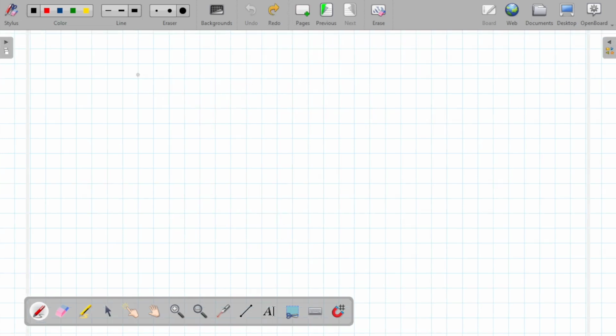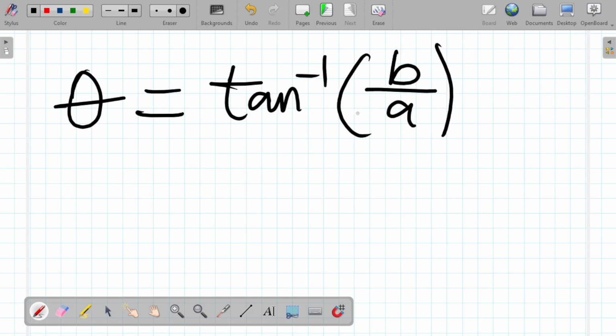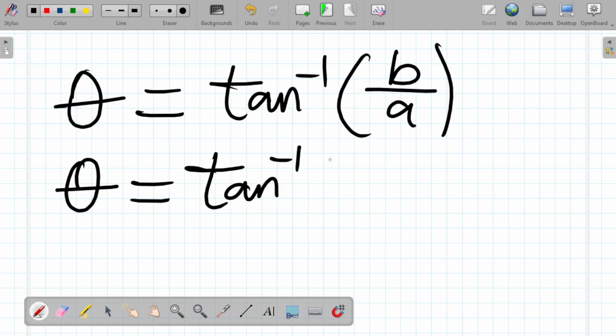All right, so our next task is to find theta. Theta, which is the angle, is equal to tan inverse of b over a. So now let's substitute the parameters. So theta is equal to tan inverse of, b is 2 and a is 3.